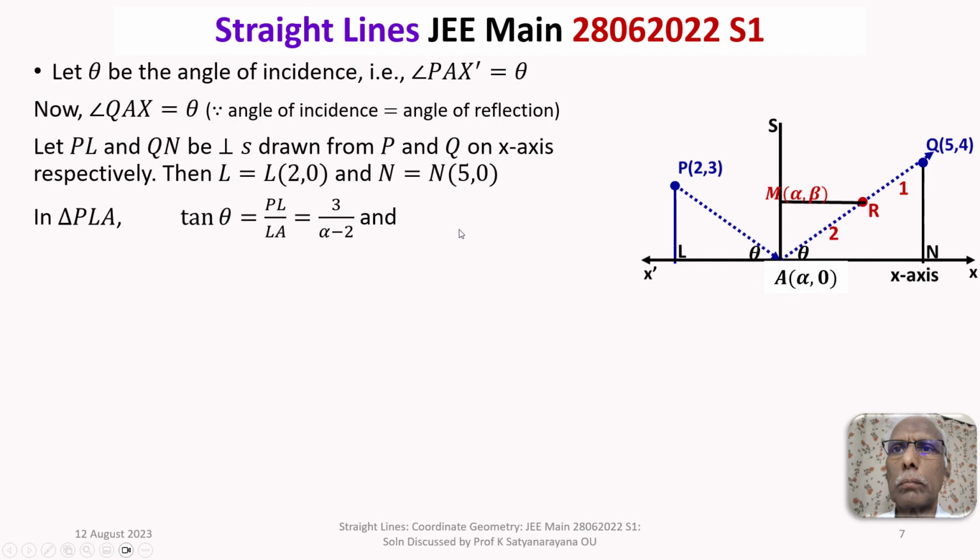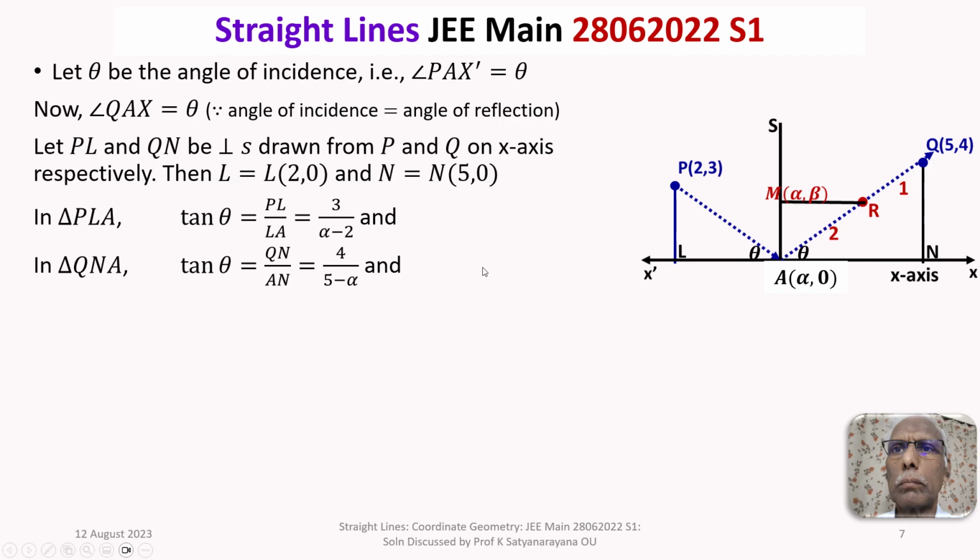We also consider triangle QNA. Then tan theta will be QN by AN. QN is the ordinate of Q, that is 4, and AN: A is (alpha, 0) and N is (5, 0), so it will be 5 minus alpha.